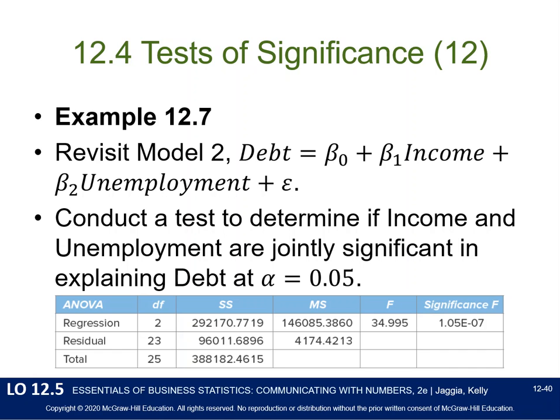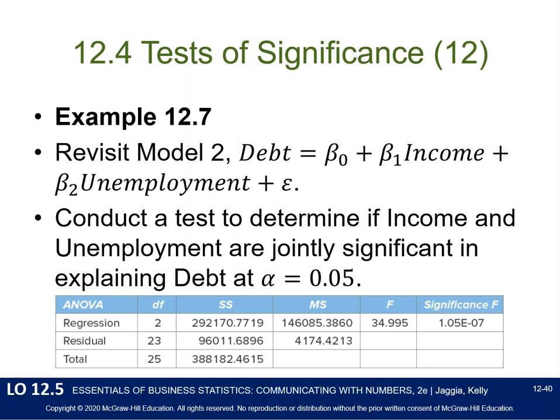Now we already know that unemployment is not significant. So this is telling us, well, hey, unemployment and income together are significant, but we know from the individual test that unemployment by itself is not significant. We also know, because in the previous example, when we did the goodness of fit test, we determined that model 1, which just uses income and not unemployment, was a better fit.